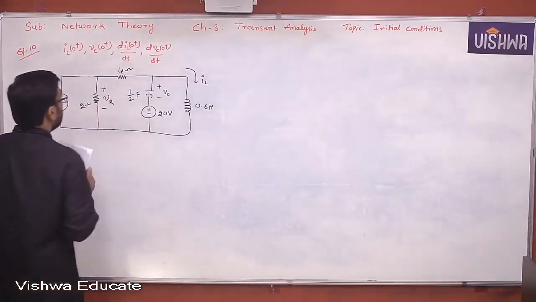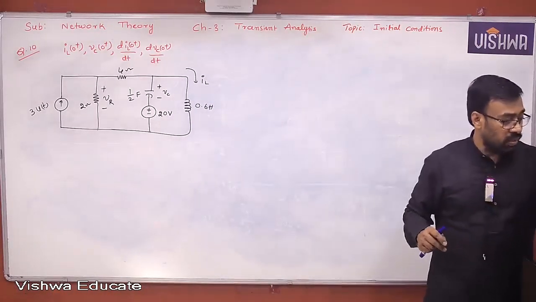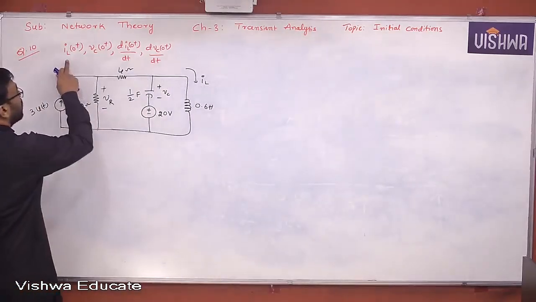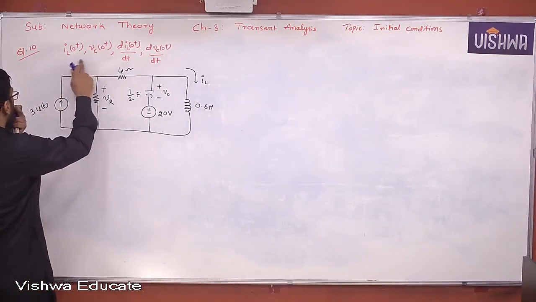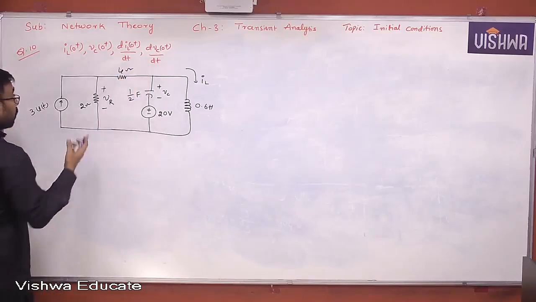Look at this. He is asking IL of 0 plus, VC of 0 plus, current through inductor, voltage across capacitor, and similarly the derivative terms. So obviously from the first step these two can be calculated, and from the second step these two can be calculated. But of course the first step is mandatory.